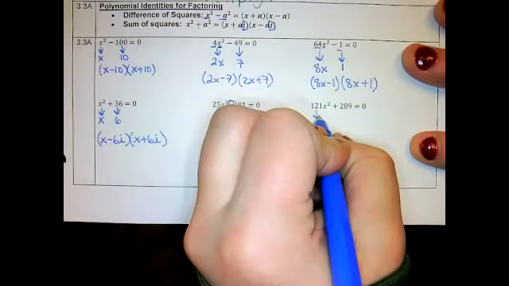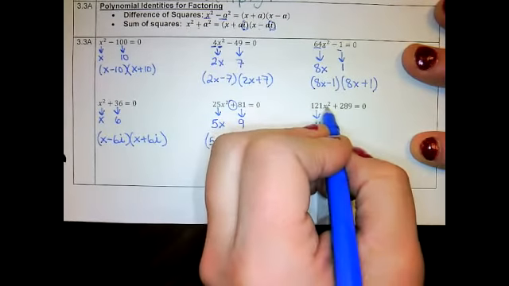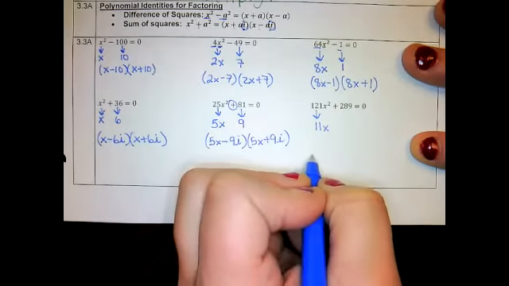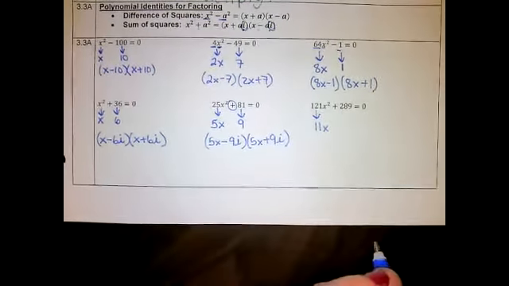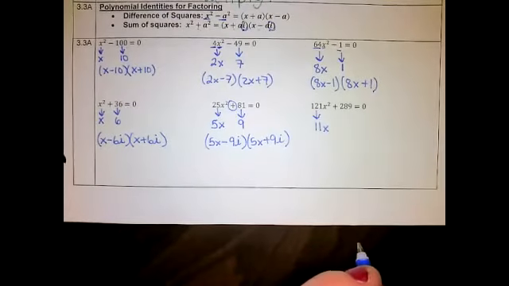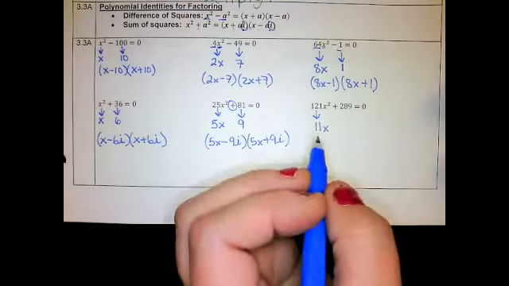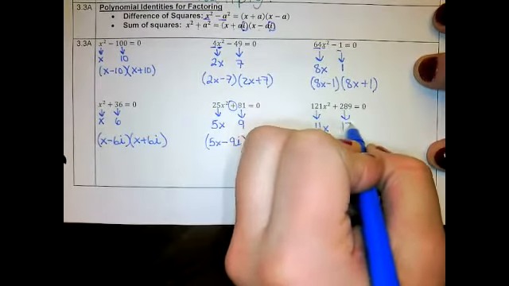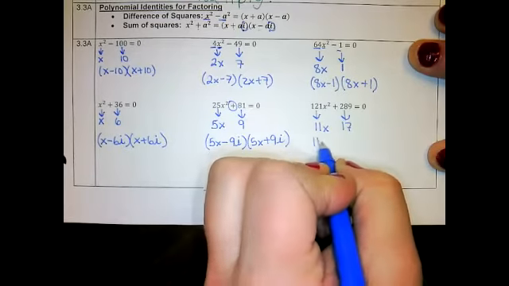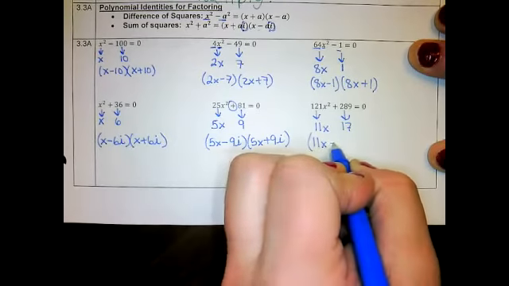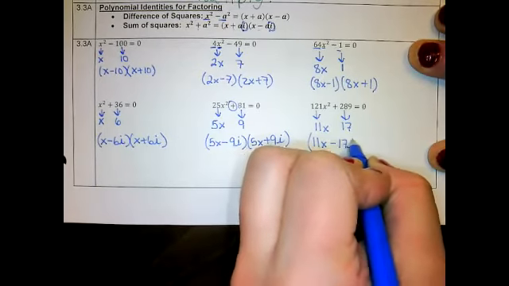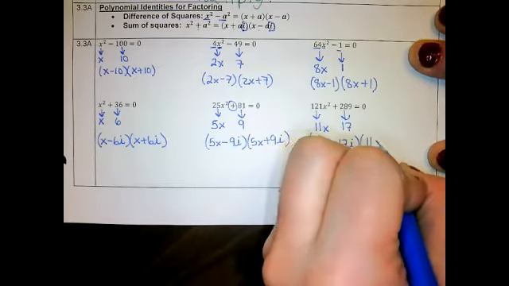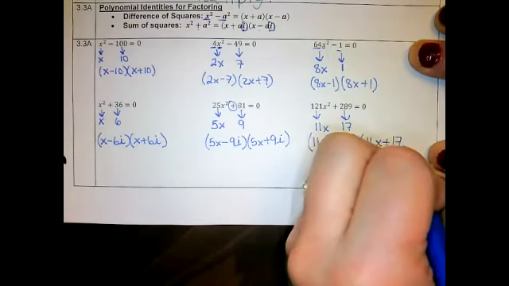The square root of 121 is 11. The square root of x squared is x. And the square root of 289 is 17. So that's going to be 11x minus 17i times 11x plus 17i.